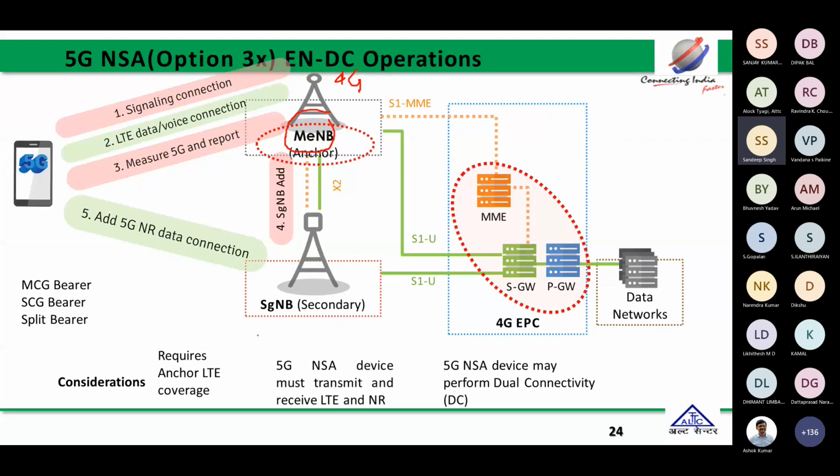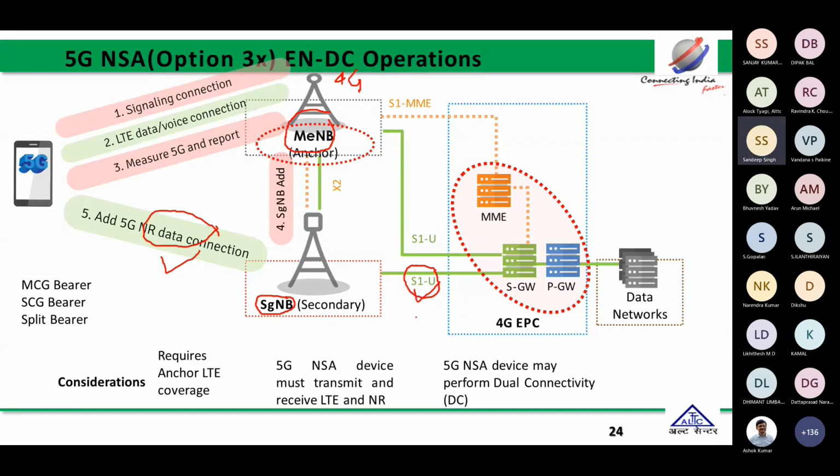This one is the secondary node, the gNodeB. The master node has both control and data connection with the 5G UE, but the 5G base station has only the data connection with the 5G UE and also towards the 4G core. These two connections are additional connections in 5G NSA.